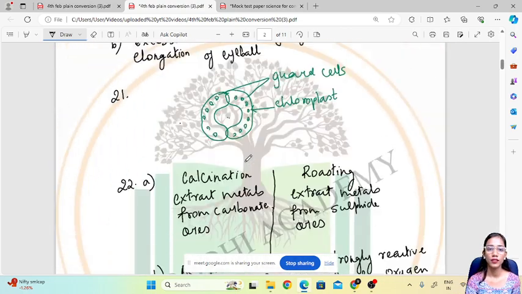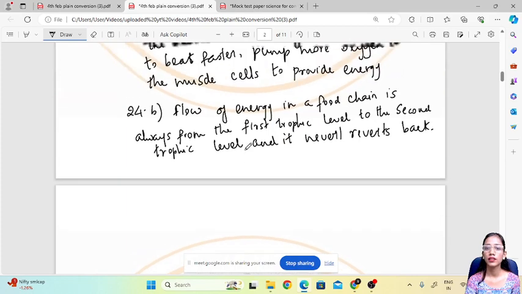So for this reason the flow of energy is unidirectional, it's only in one direction.